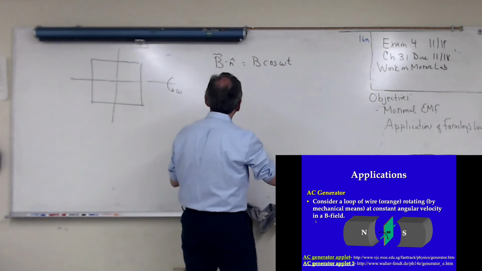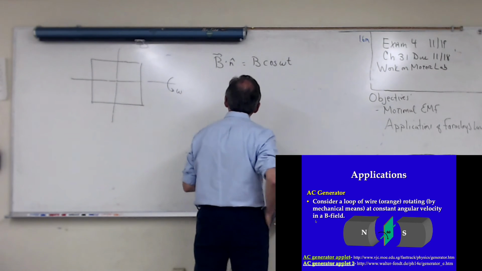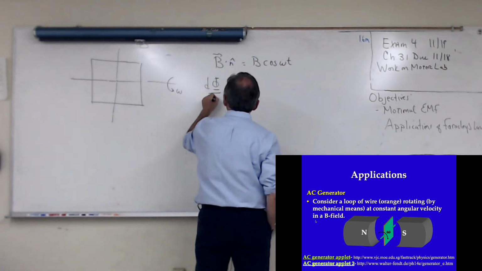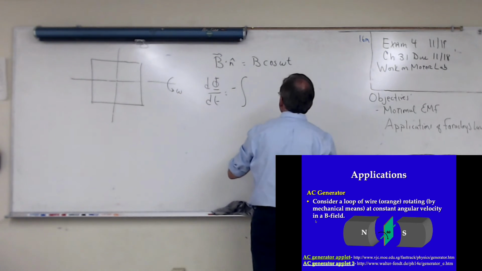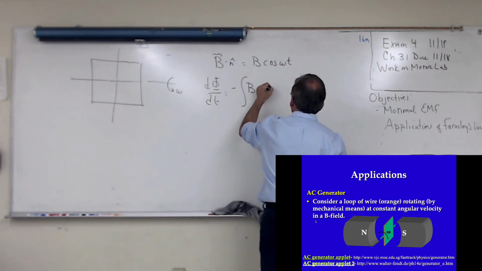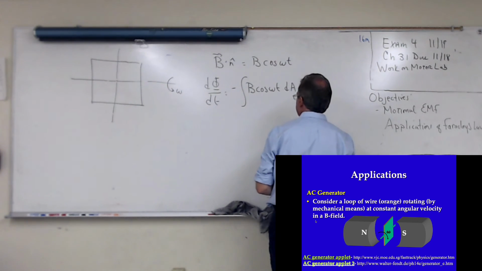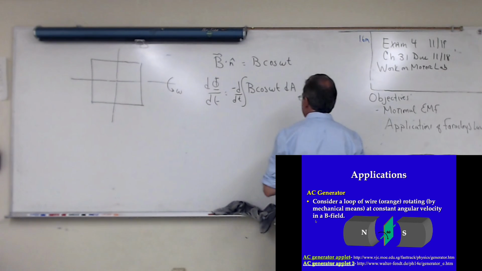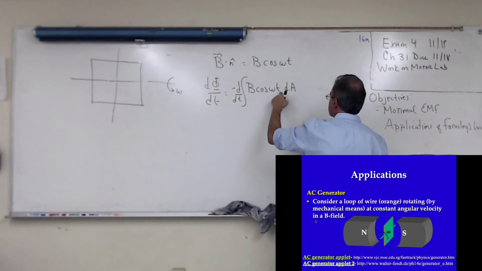And so, what if I calculate then d phi dt? Well, since the magnetic field is constant, this integral is easy.